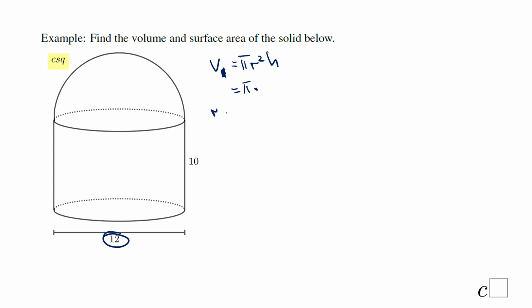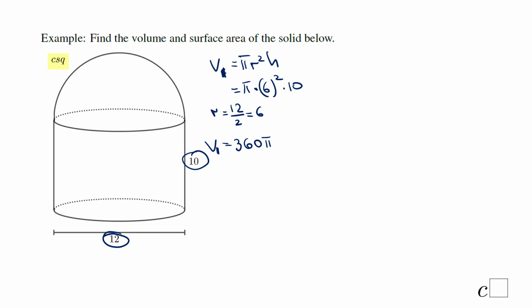So the radius will be half of that. 6 squared times the height, which is 10. So we have 36 times 10, 360 pi. This is the volume of the first shape that we can see in this composite shape.